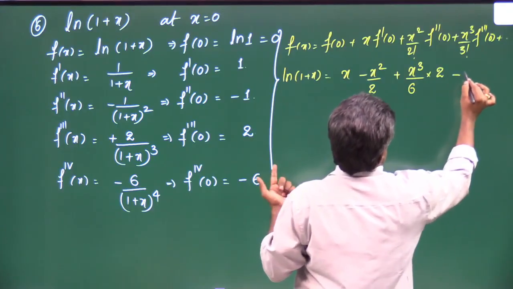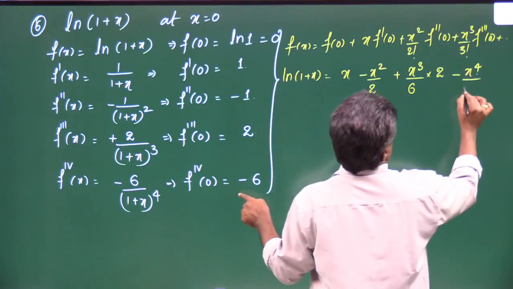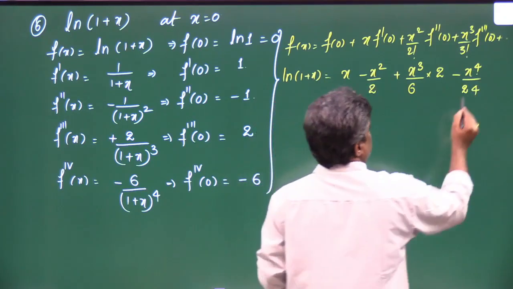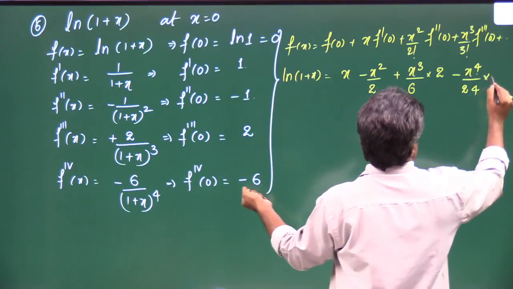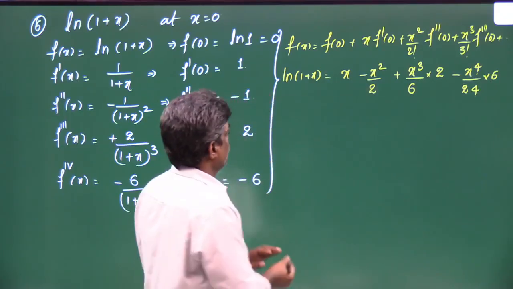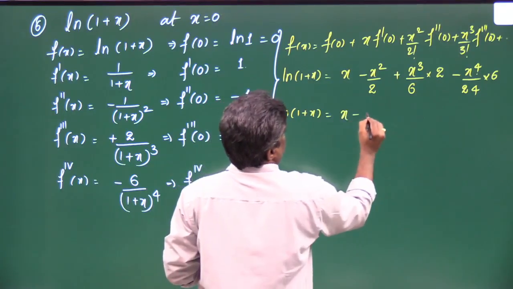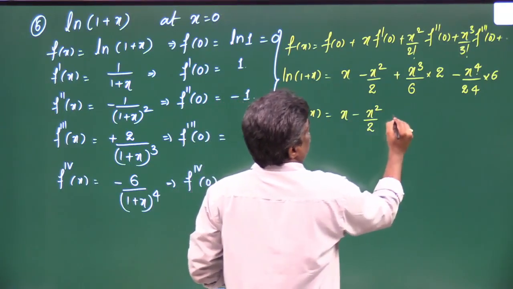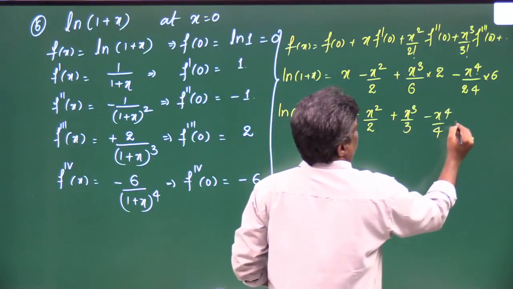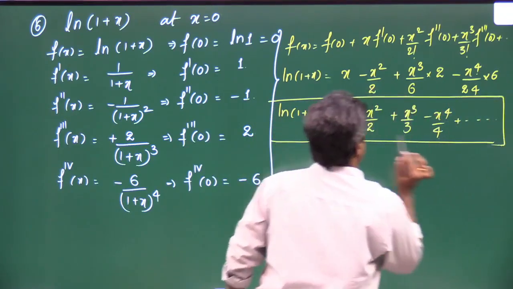And the next one is minus x power 4 by 4 factorial, 4 factorial means 24, into the fourth derivative we got, minus 6, I have already taken the minus here, and so on. And if you see carefully, log of 1 plus x equal to x minus x square by 2 plus x cube by 3 minus x power 4 by 4 plus so on. This is a very useful relation, so please remember.